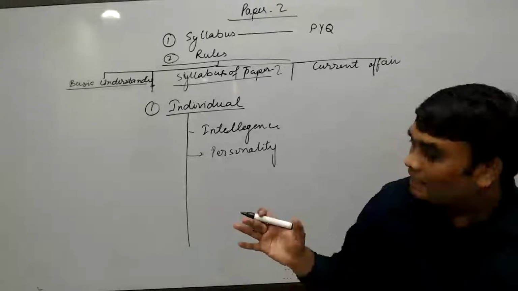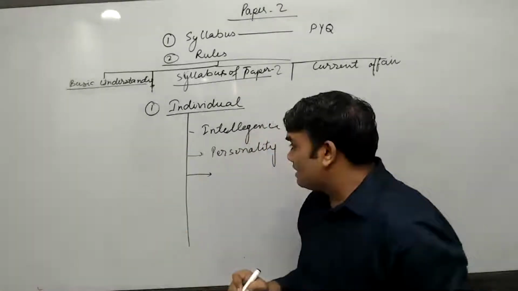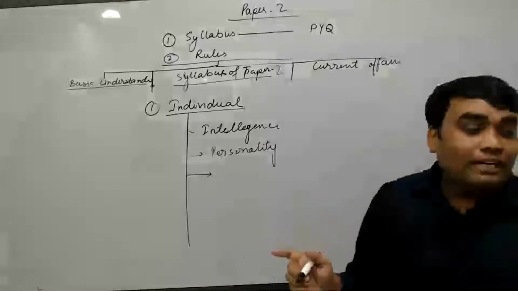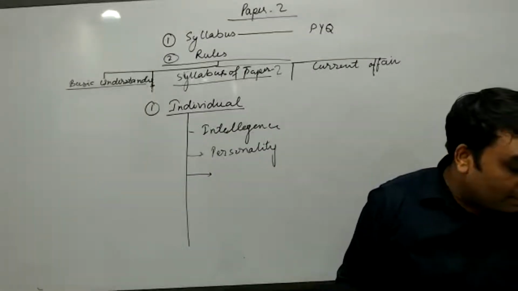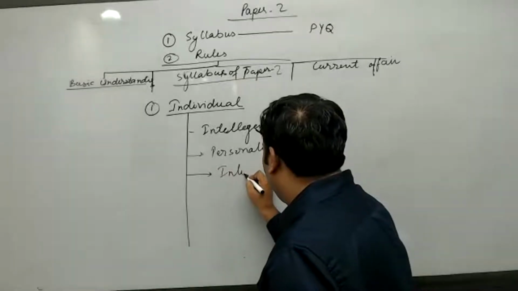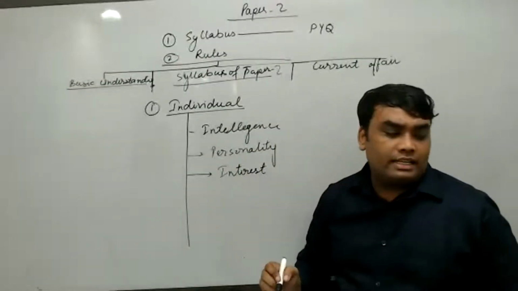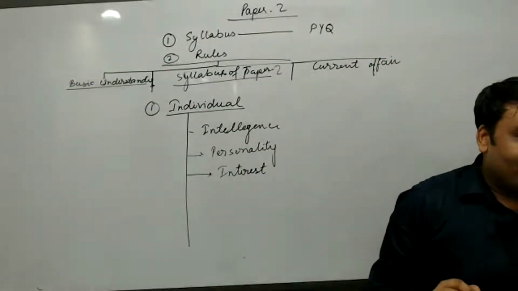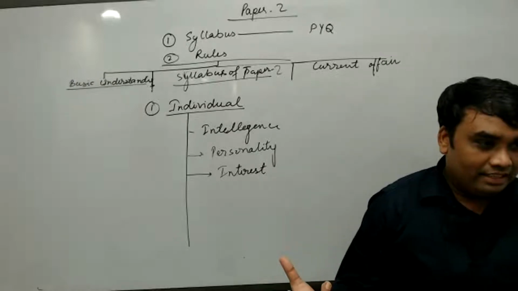And here the third factor mentioned is that each and everyone is different on the basis of their interest. On the parameter of interest, we are different. Each one's interest is different.